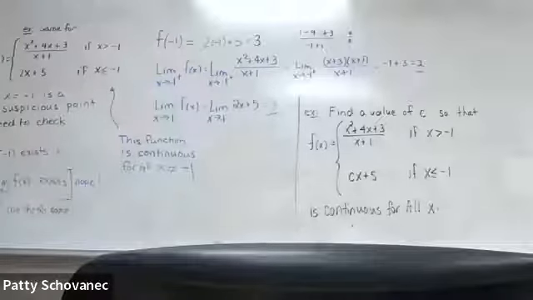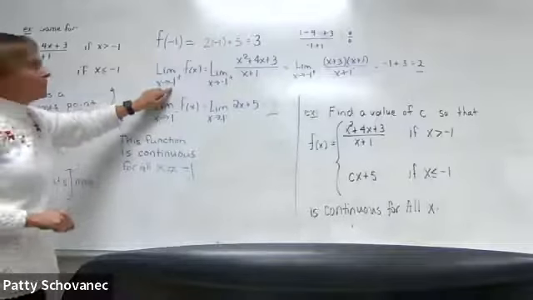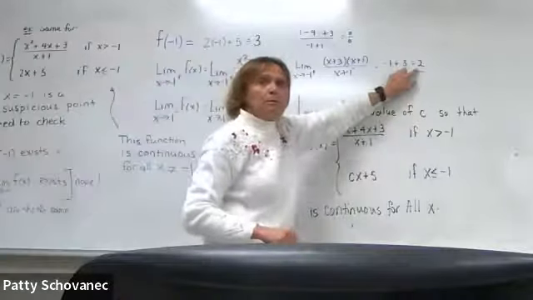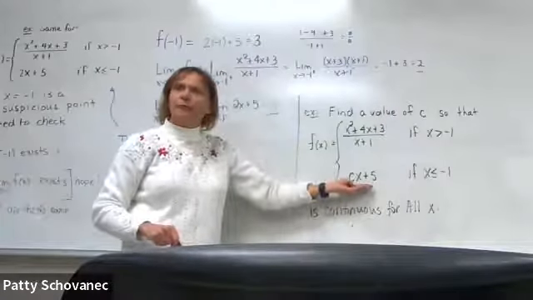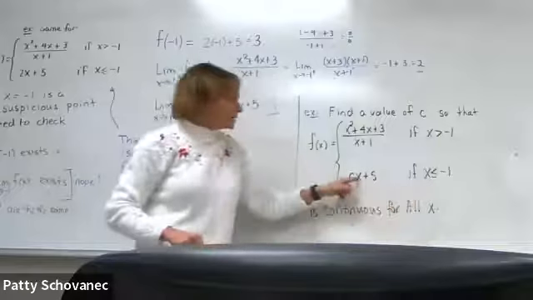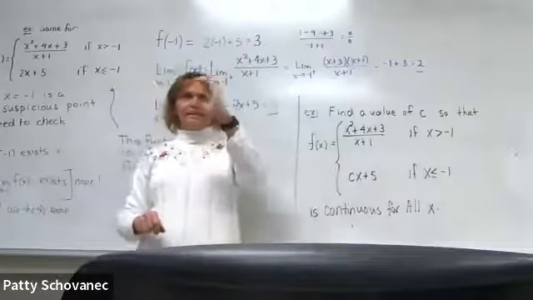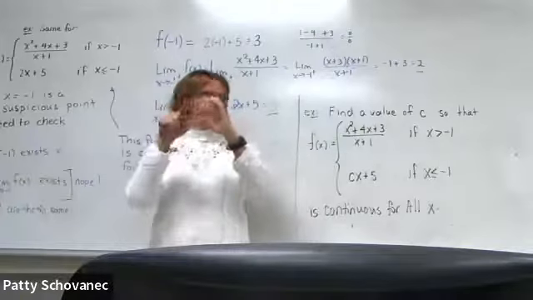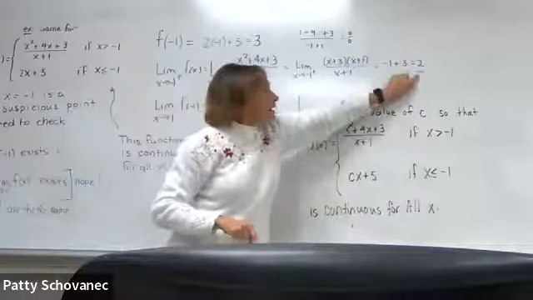It's not a terrible question to ask. We already know the limit from the left is 2. So I need the limit from the right to be 2 and to be the value of the function when x is equal to -1. So we need c times -1 plus 5 to be that number right there.